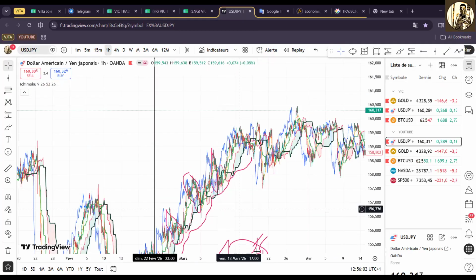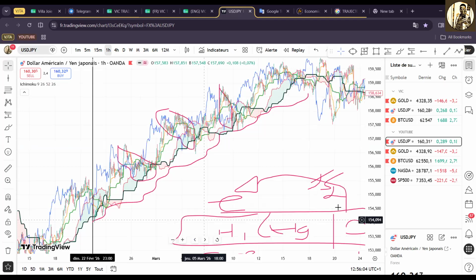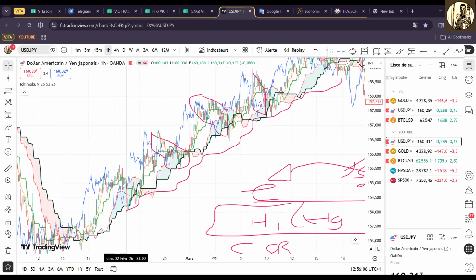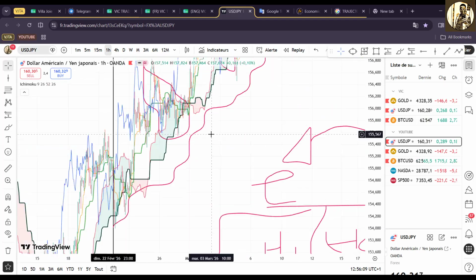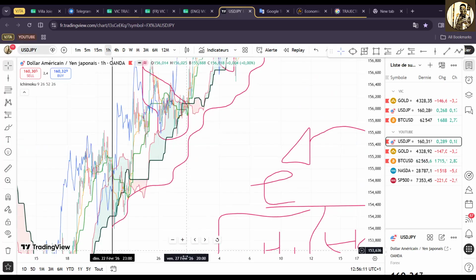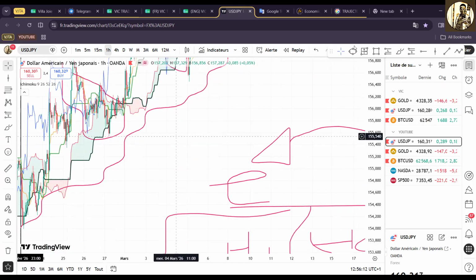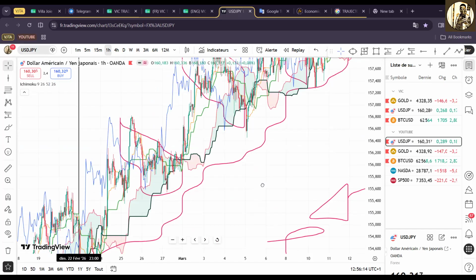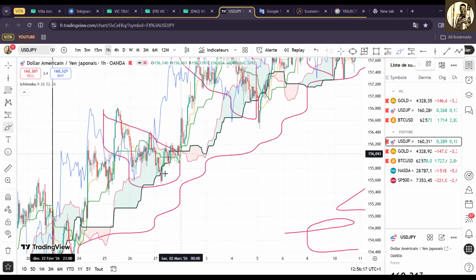So when you go on H1, you will be entering during that period on SSB. You can enter at the end of the red pullback candle on SSB.